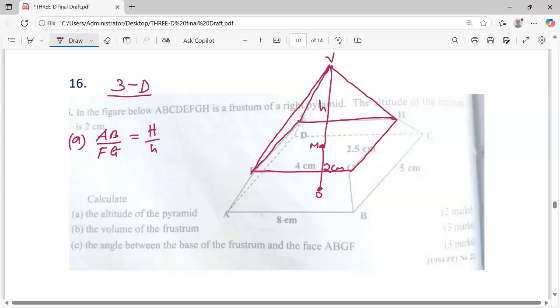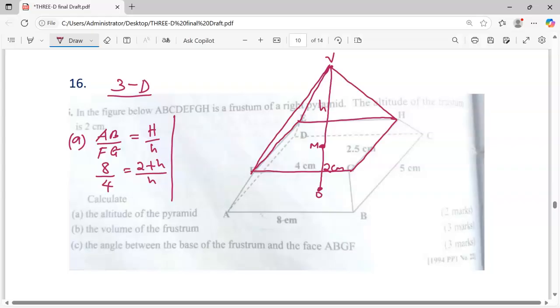We can call it h, and from there we can proceed by having AB, which is 8, divided by FG, which is 4, being equal to the capital H, which is from O all the way to V, which is 2 plus the small h, divided by the small h.